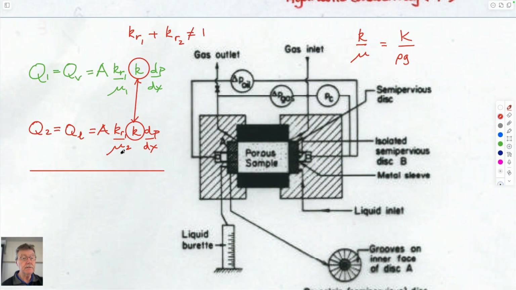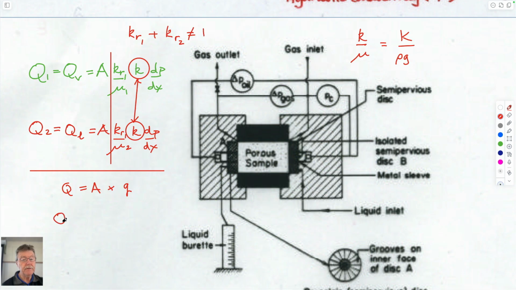Viscosities are the fluids that are flowing. This whole equation without the cross-sectional area would be what we would refer to as our flux, Q, which is in units of velocity, length over time, and multiplying that length over time by area gives us a volumetric flux.